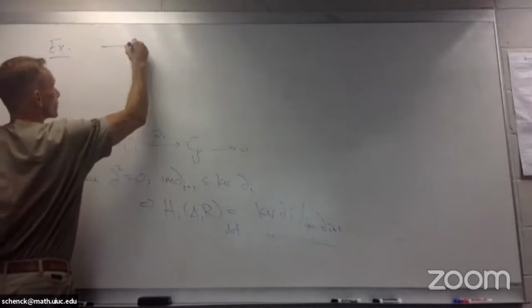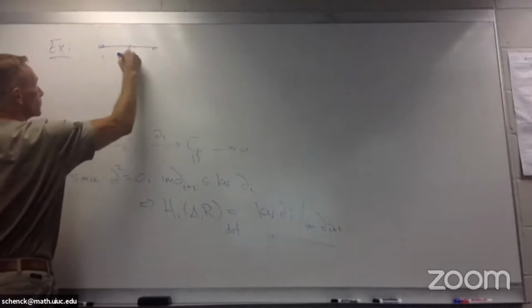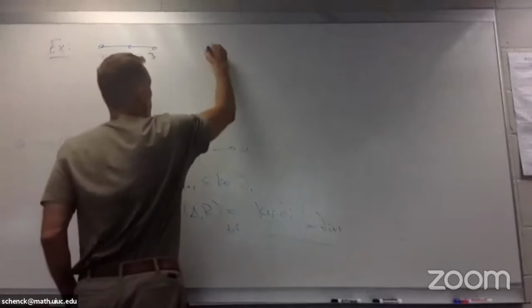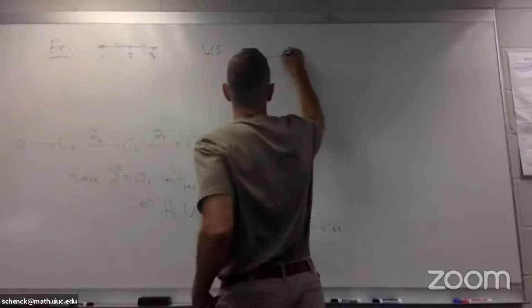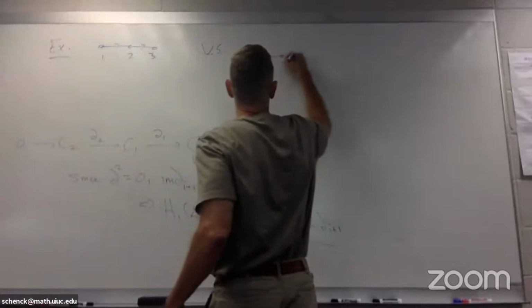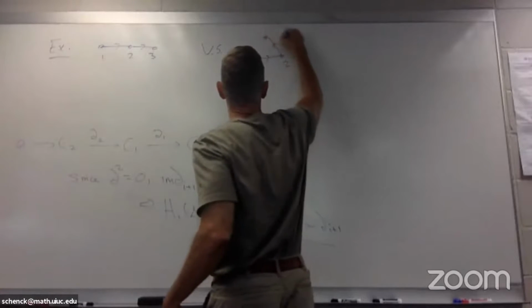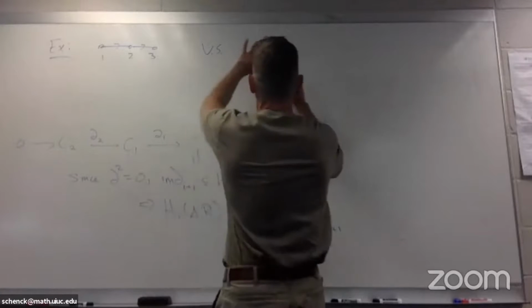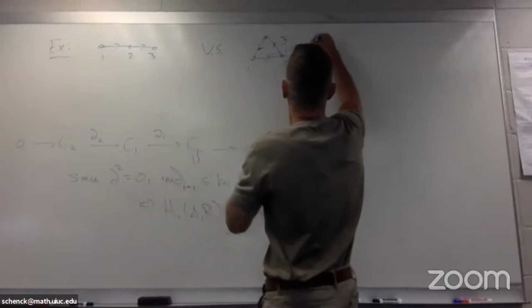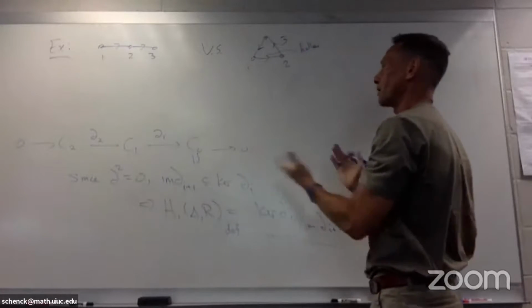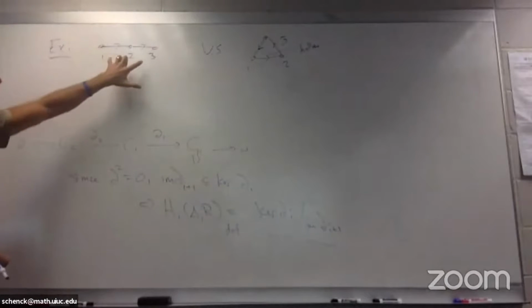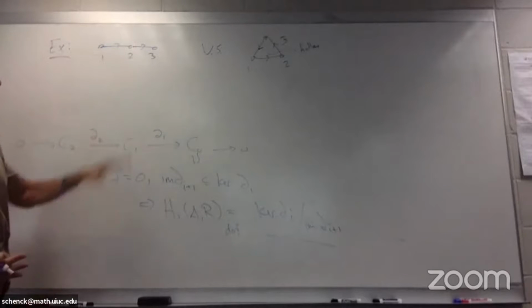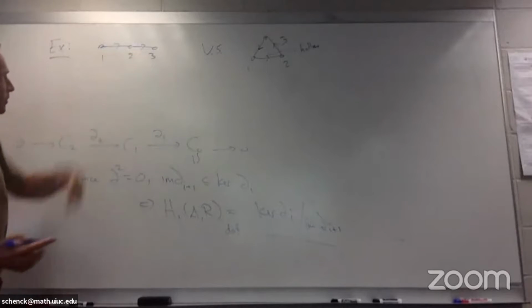So let's see, two examples. Let's do this one, 1, 2, 3, which is oriented, versus 1, 2, 3, which is hollow. Let's compute the homology of these two things. These are both one-dimensional simplicial complexes; we only have edges and vertices.